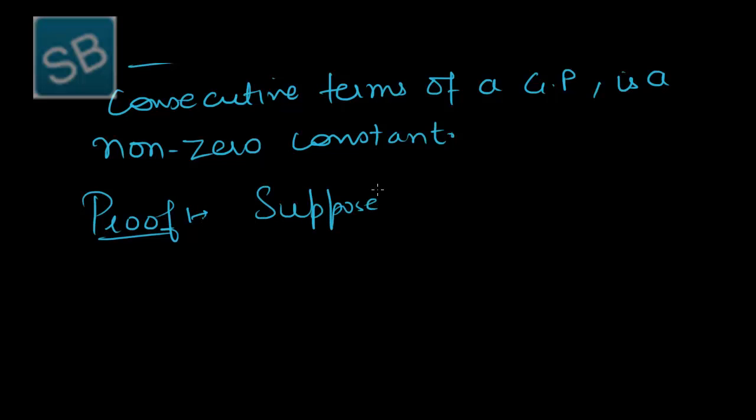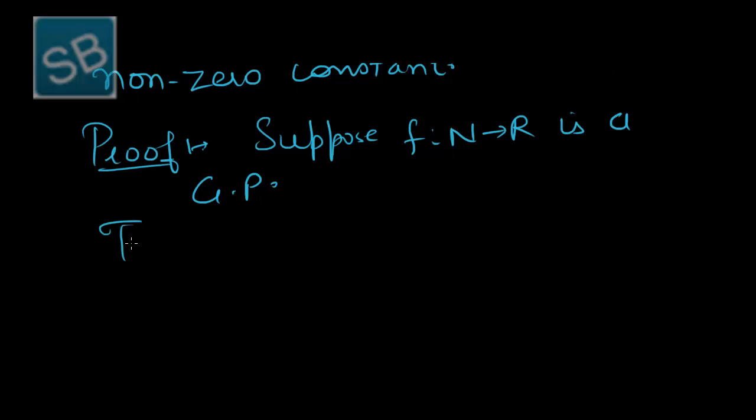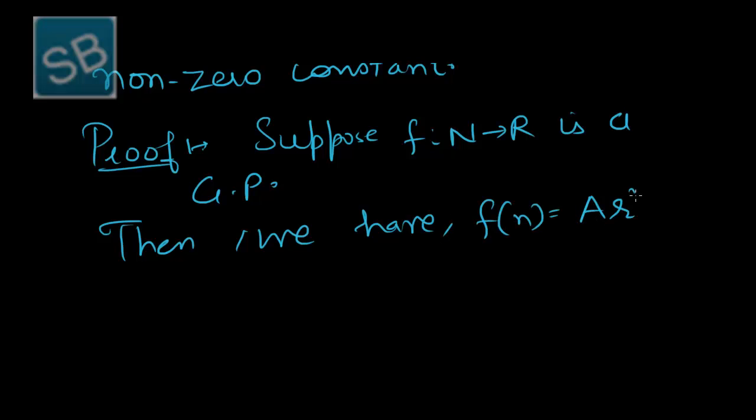First, let f from n to R be a GP. Then we have f of n is equal to a r raised to n for all a not equal to 0, r not equal to 0 and n belongs to natural numbers.